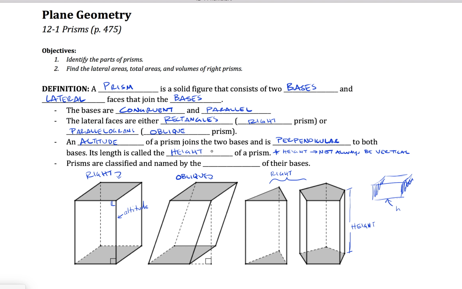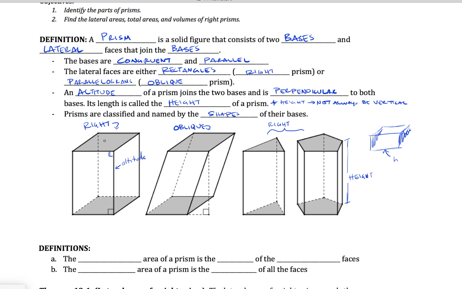Prisms are classified and named by the shapes of their bases. So if I look at the three right prisms down here, this one's base is a rectangle, even though it looks like a parallelogram. Of course, that's just because we're drawing this in 2 dimensions. If we were holding it in our hands, that gray piece would be a rectangle.